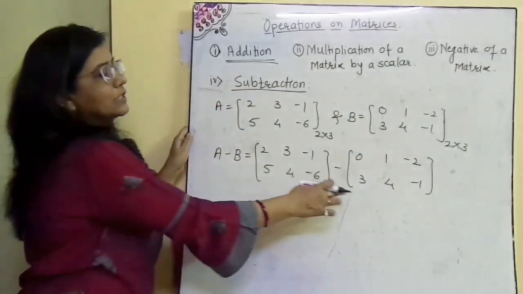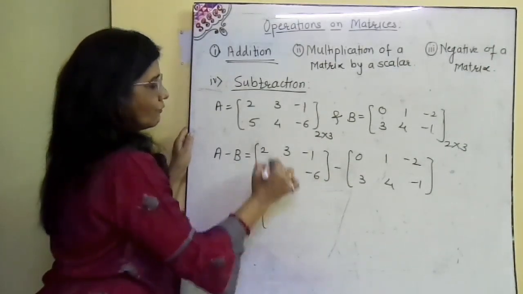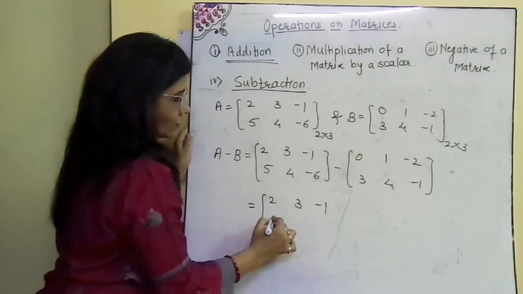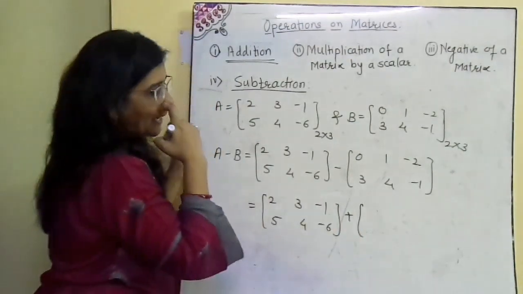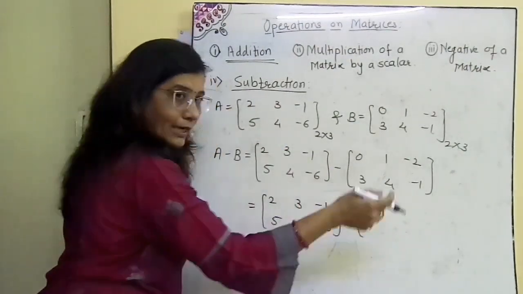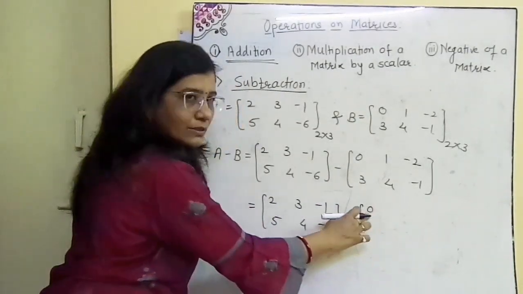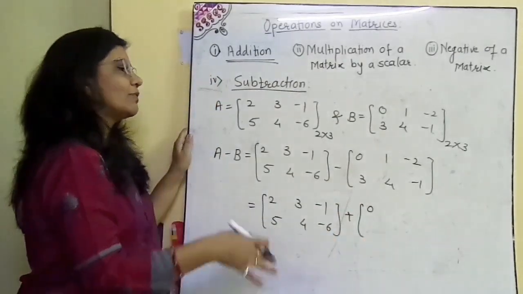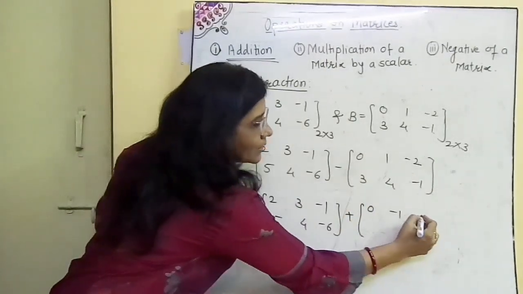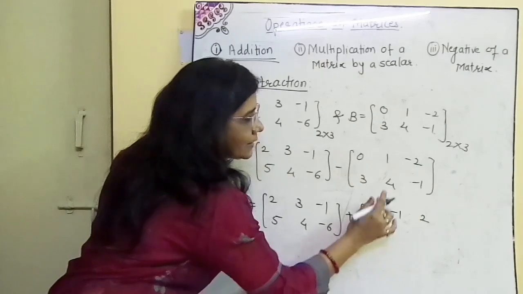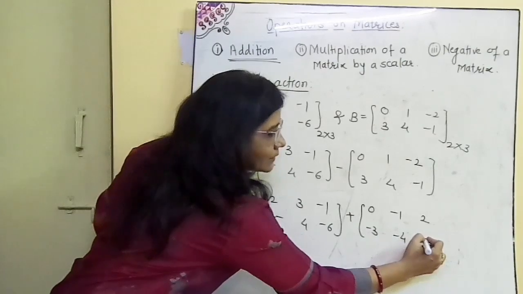So this is the negative of matrix B. We have to take the negative of each and every element of B, so you can convert this into addition and take the minus sign with each and every element of B. This 0 doesn't have any sign. So minus 1 into minus 2 is plus 2, minus 3 is minus 3, minus 1 into 4 is minus 4, minus 1 into minus 1 is plus 1.